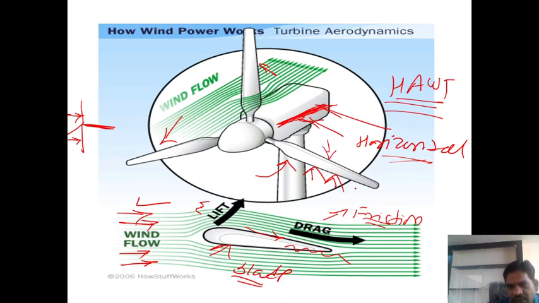Whenever this pressure is maximum, that is called the lift force, and the wind turbine starts to rotate along its axis and generate electricity.